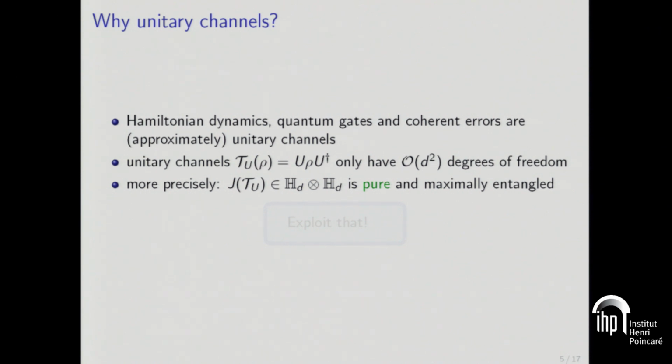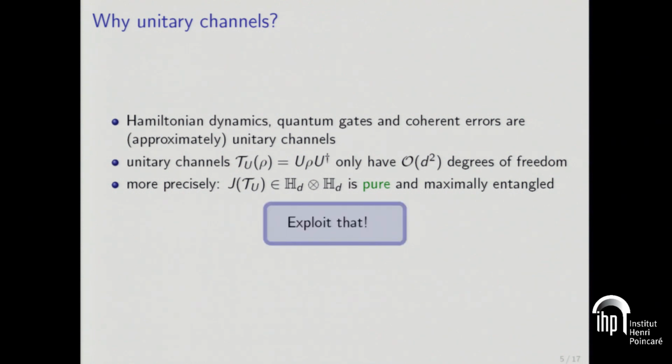So there's a lot of additional structure when you think about unitary channels only that is somehow diffused and washed out if you think about more general channels. But most importantly, there are just d squared degrees of freedom, so maybe we can get by with fewer measurements. Remember, full process tomography requires d to the 4. Instead of determining d to the 4 parameters, here we only have to determine an order of d squared.